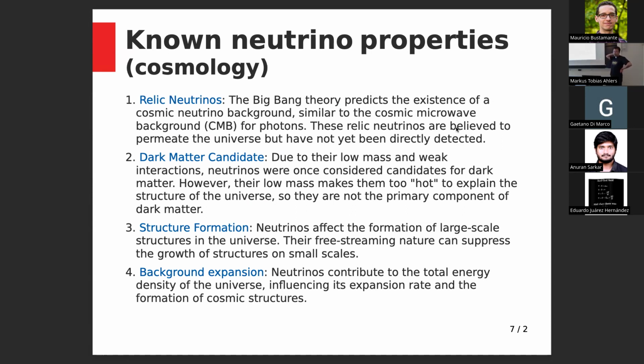In the past, due to their low mass and weak interactions with other species, neutrinos were once considered a candidate for dark matter. But now we think not. They may just contribute a small portion of the dark matter. Massive neutrinos can affect structure formation and the background evolution of the universe.